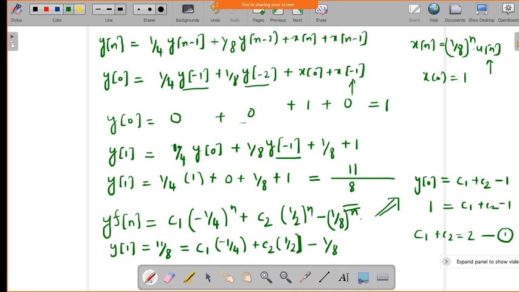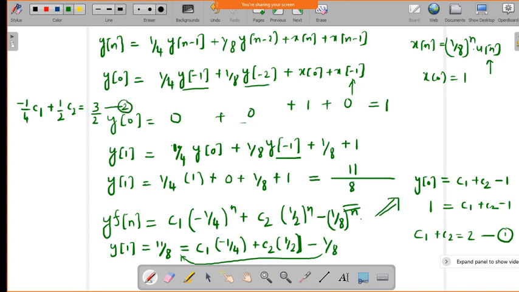So the equation is minus 1 by 4 C1 plus 1 by 2 C2 equals 11 by 8. If you send this 1 by 8 to this side, it becomes 11 by 8 plus 1 by 8, which is equal to 12 by 8. So 12 by 8 we can write as 3 by 2. Okay, so this is the second equation.